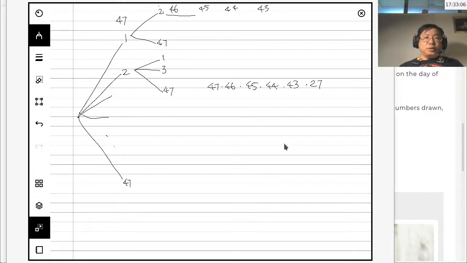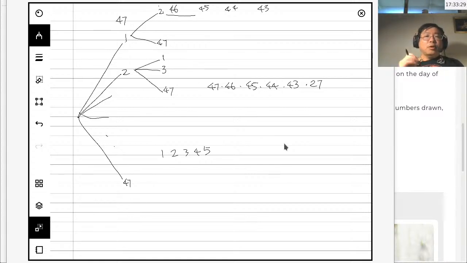So what you need to do is to think about, okay, let's just say that we are looking at the five numbers of 1, 2, 3, 4, 5. So now you have to think about how many different ways can I arrange 1, 2, 3, 4, 5? Does everybody understand what I mean by this? I have already chosen 5 numbers.